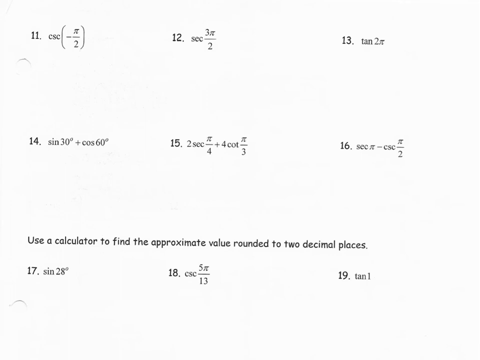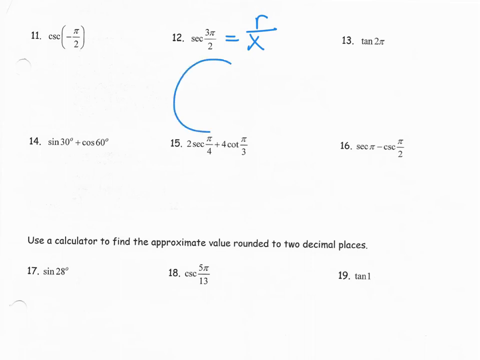Now I'm going to try one in radians, so let me try number 12, and I'll have you guys try 11 and 13. So if I do secant, going back to my triangle idea again, secant would be the radius over the x value, because it's the reciprocal of cosine.